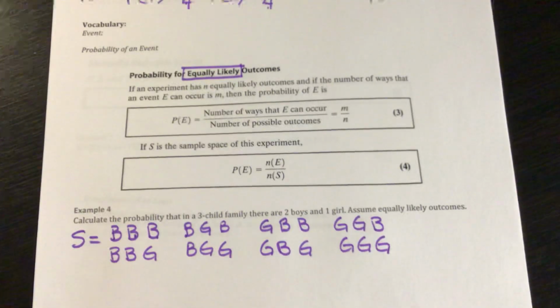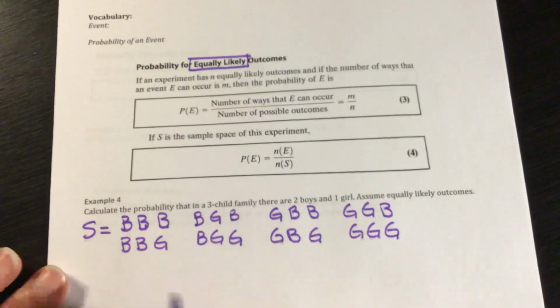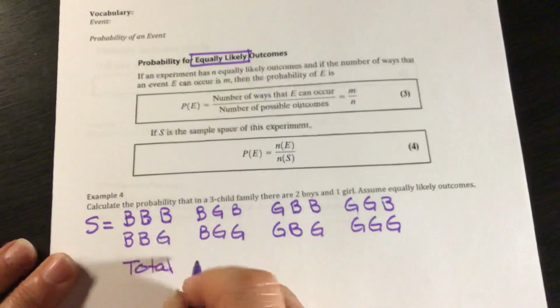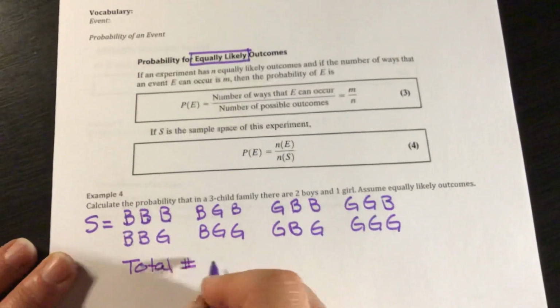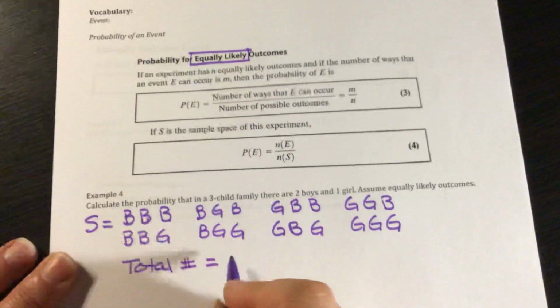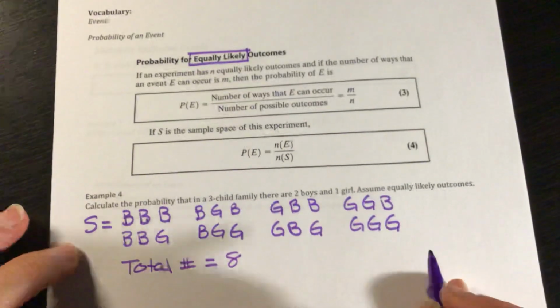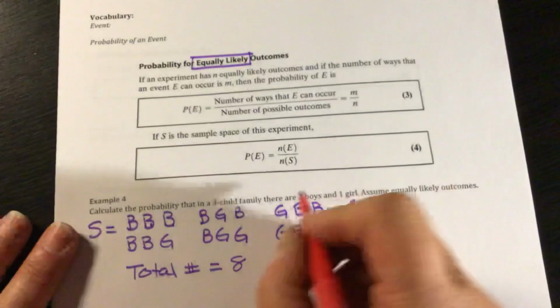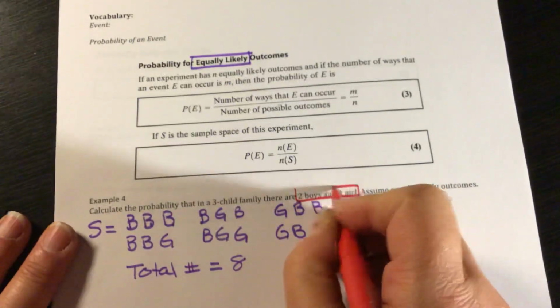But I need to know, and by the way, if I count how many things are happening here, the total possible number of outcomes is 8. And I also need to know which of these has 2 boys and 1 girl.